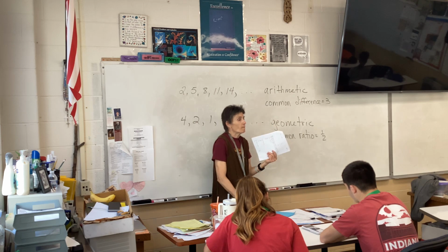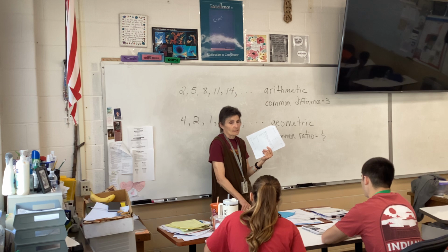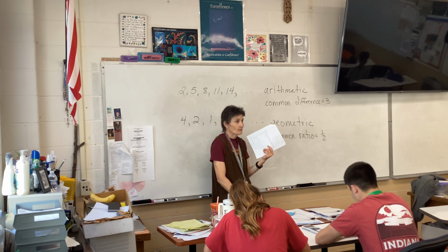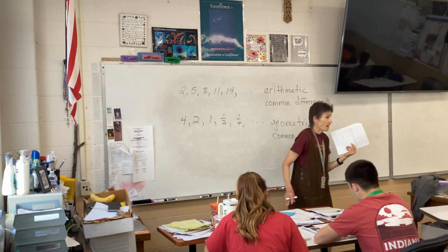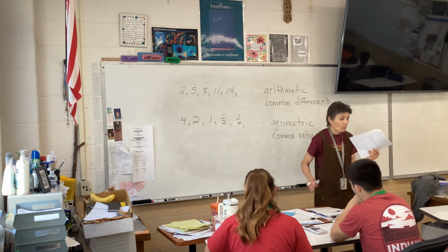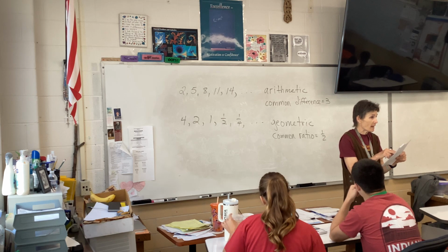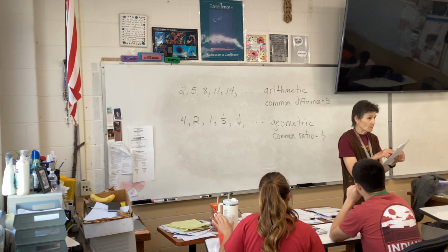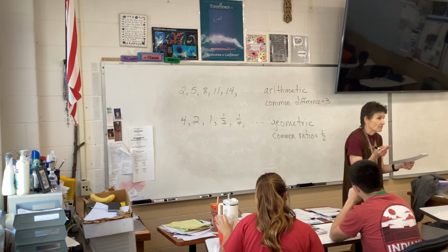What about D? Neither. Now I want you to look at it. Is there a pattern? No. Oh, actually there is. Look at what we add. To get from 3 to 5, we add 2, and then we add 4, and then we add 6, and then we probably would add 8.